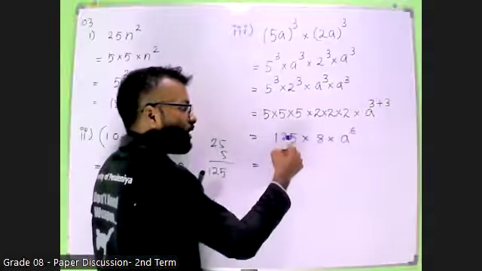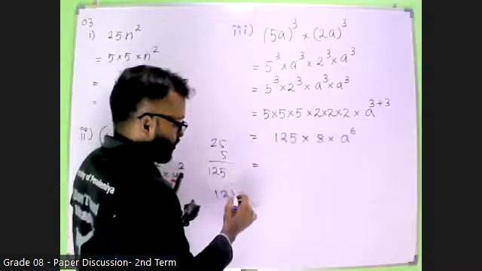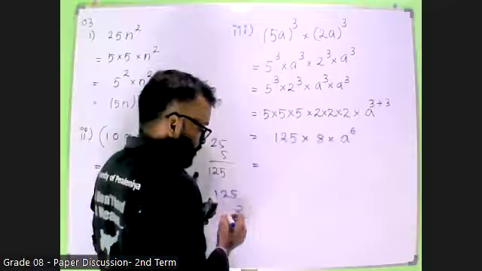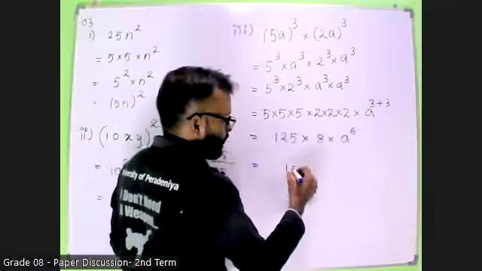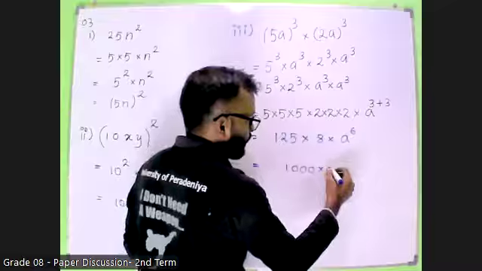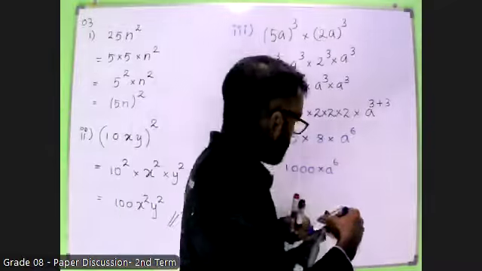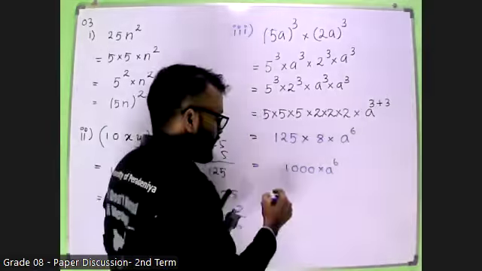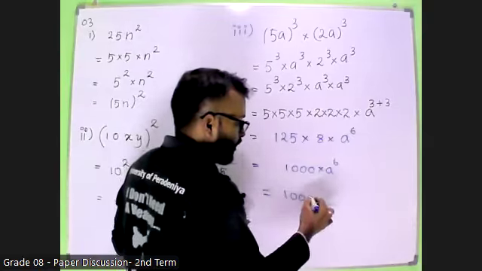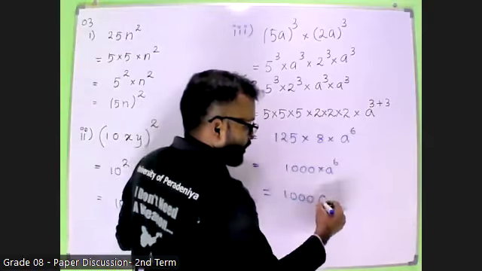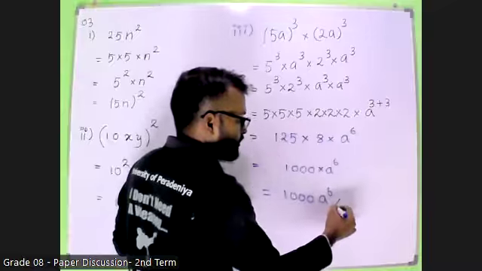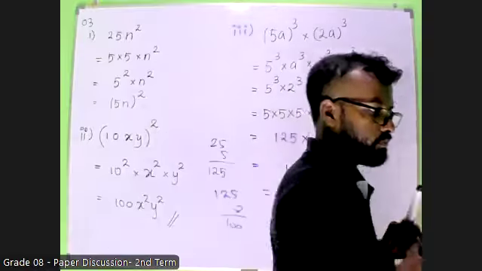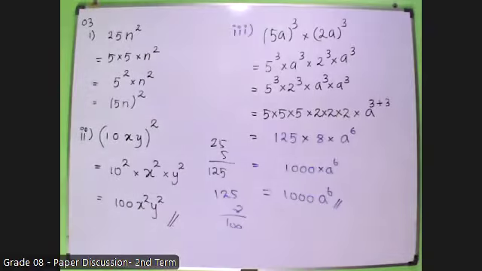So 125 times 8 gives you 1000. So it is 1000 times a to the power 6. You write it by removing the multiplication mark: 1000 a to the power 6. So this should be your final answer.